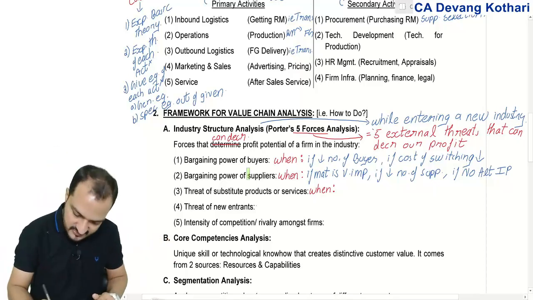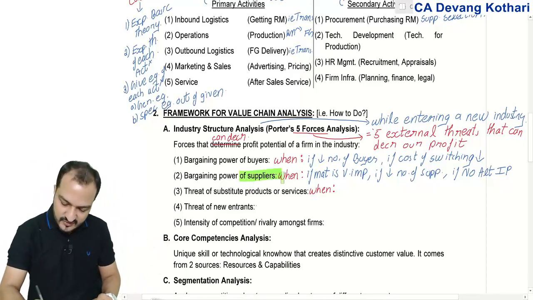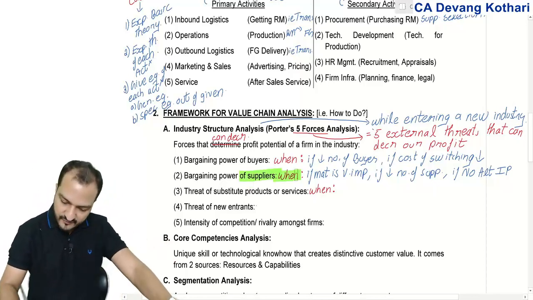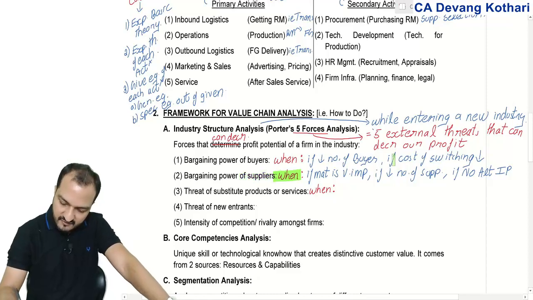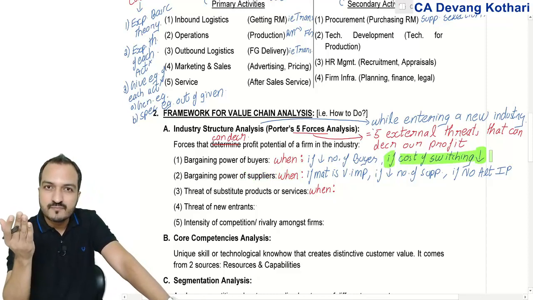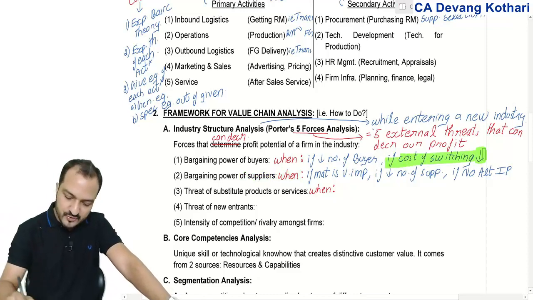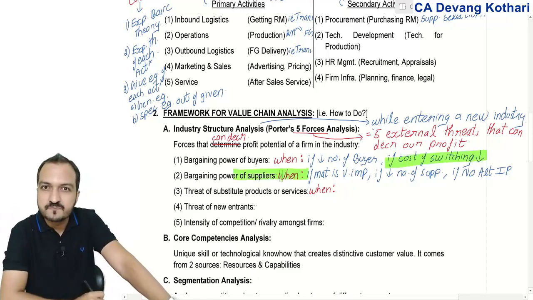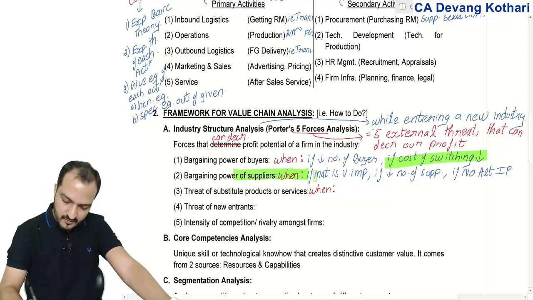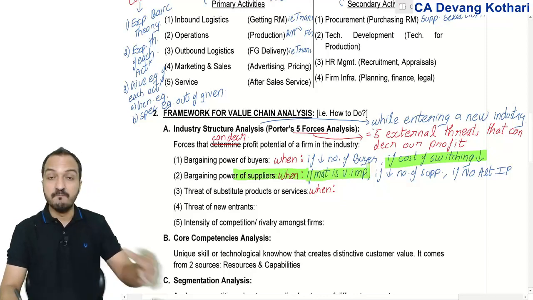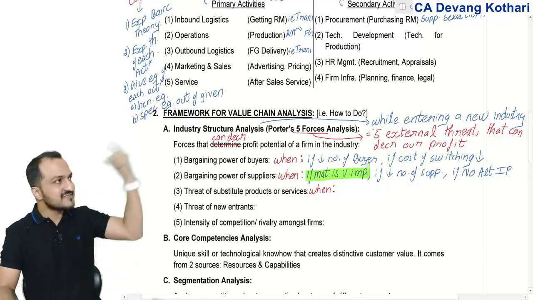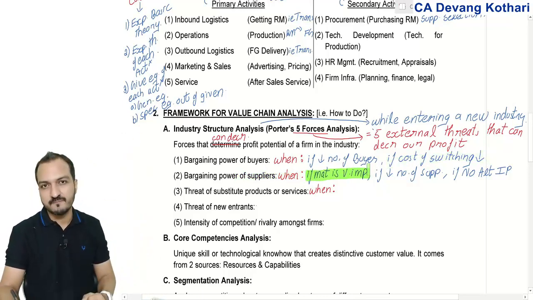Yes. So within supplier also, when will the supplier have more bargaining power? The supplier will have more bargaining power if the cost of switching the supplier is more. You see, how does the opposite of this point become a point for this, right? Similarly, if the material is important for me, then my supplier has more bargaining power.